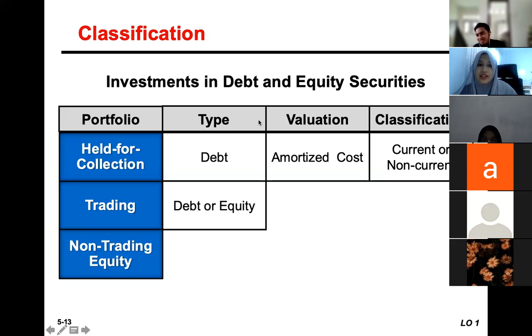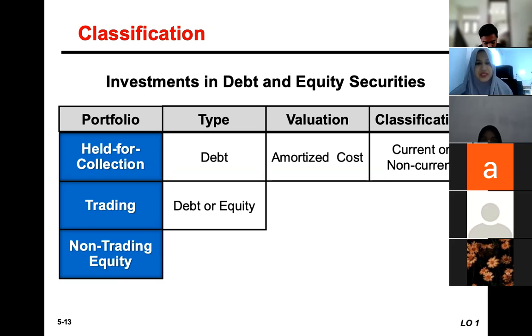Okay. So trading investment is the investment in debt or equity that is meant for the purpose of trading, daily transactions. So the company is speculating: whenever the price goes up, they would immediately sell it, and they would buy again whenever the price seems to be low.